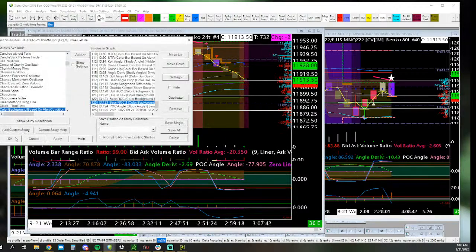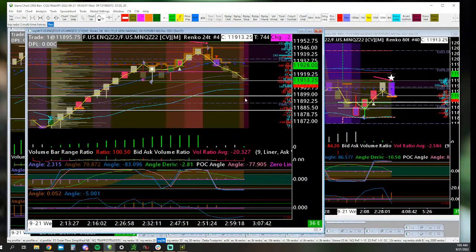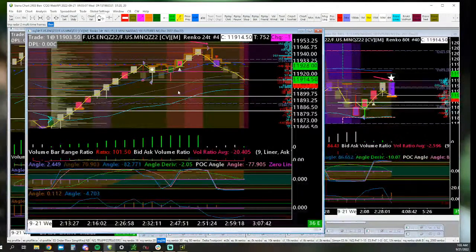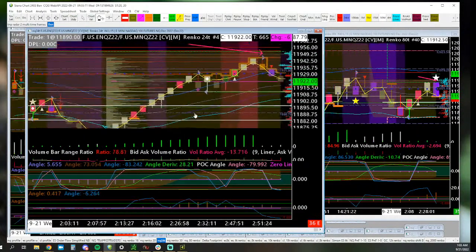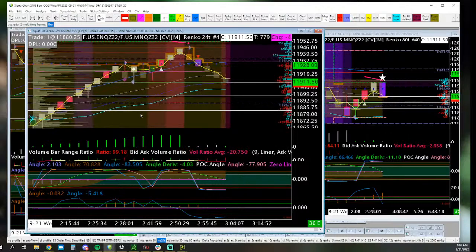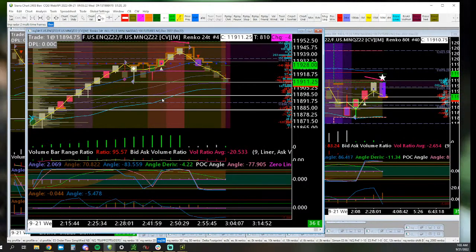And so that's why some of these pink bars are bright and some of them are dark, is there's actually two slightly different, like here we've got one pink here and one pink here. I don't know if there's a dark purple anywhere. Those are all one purple. But there's basically two different conditions that are very similar, that I want to know so that I don't take trades in that position, but in those conditions.